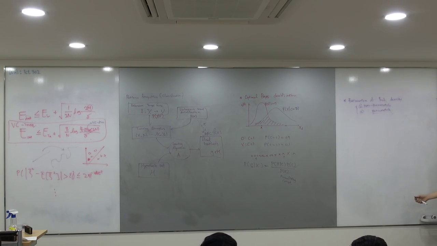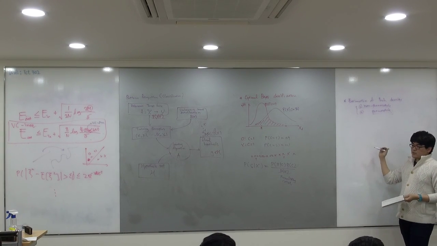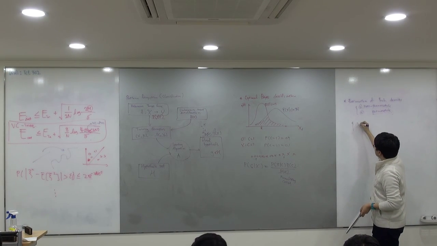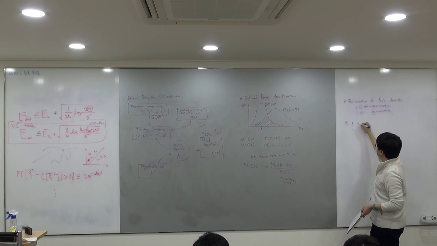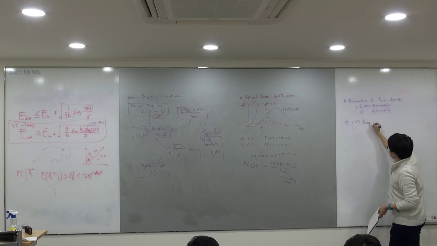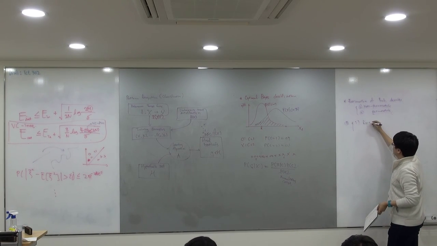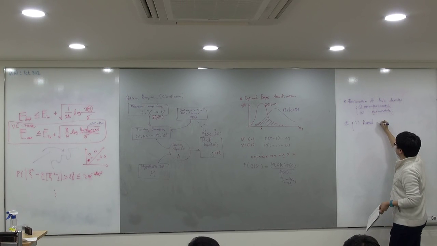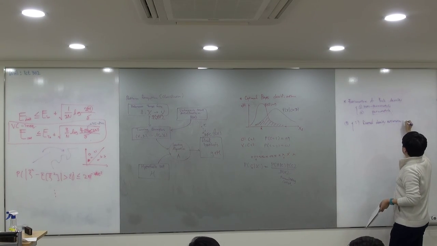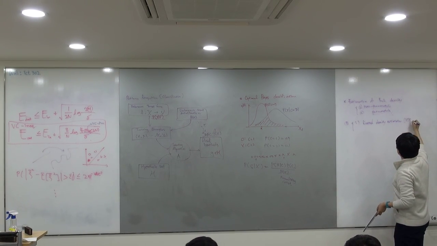So how do you do it? I'm going to talk for about 10 minutes about what the non-parametric density estimation methods are. I'm going to talk about two methods. First one is the kernel density estimator, called KDE.